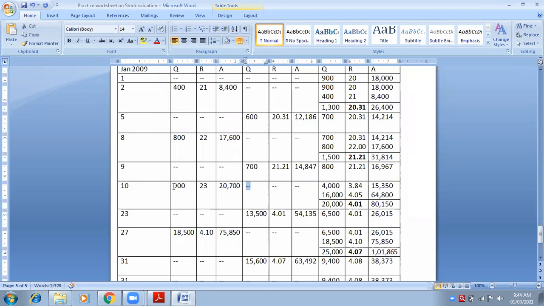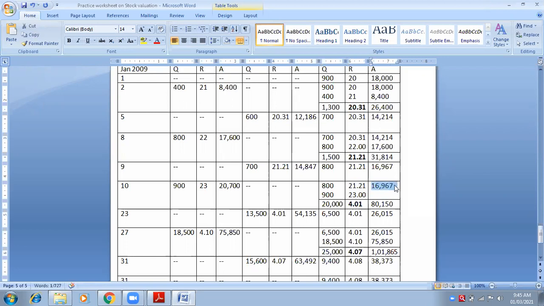So now because it is a receipt, we need to add here. But before adding 900, we will bring down that 800 first. 800, 21.21, 16,967. Just below that, we will bring down the one that we have purchased just now.